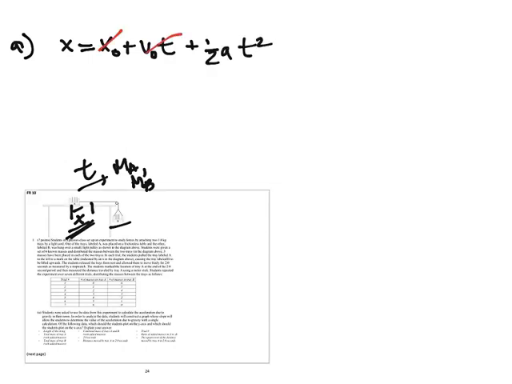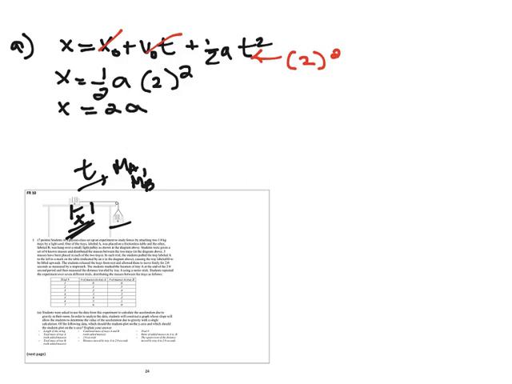We know that x naught and v naught are 0. We know that t is 2 seconds, so we can plug in 2 squared, and we have x equal to 1/2 times a times 2 squared, or x equals 2a.